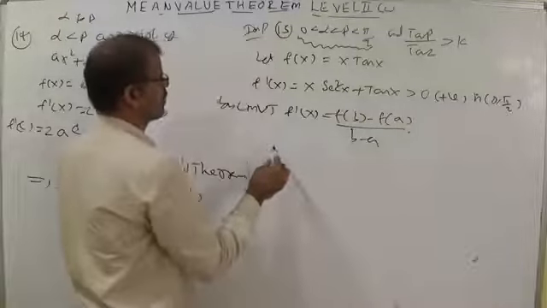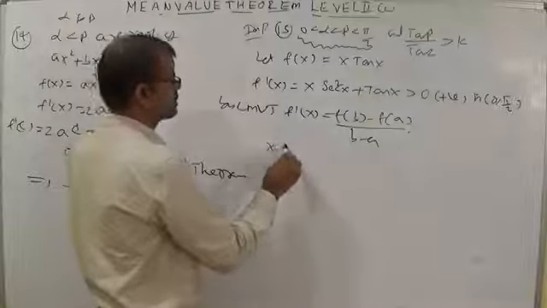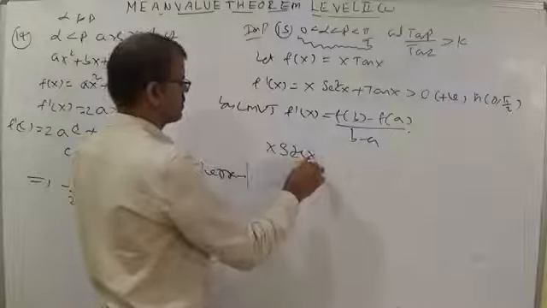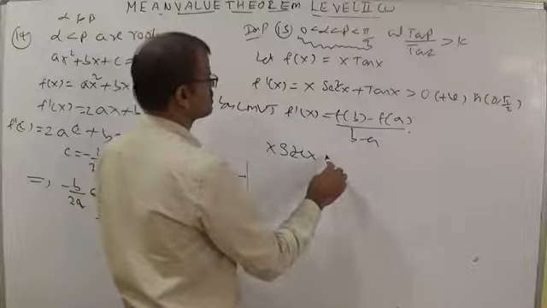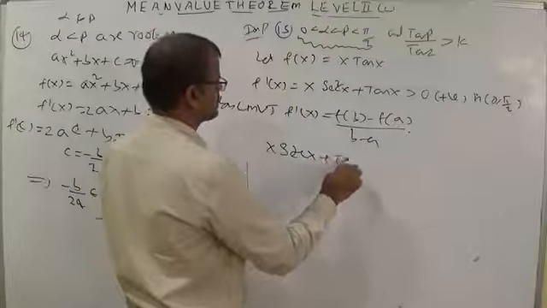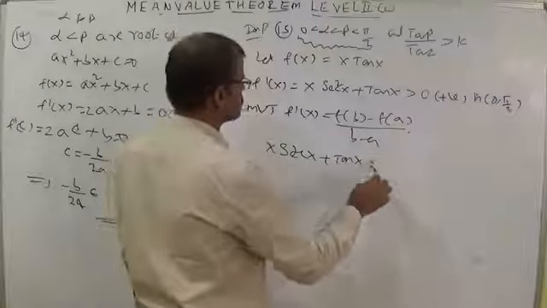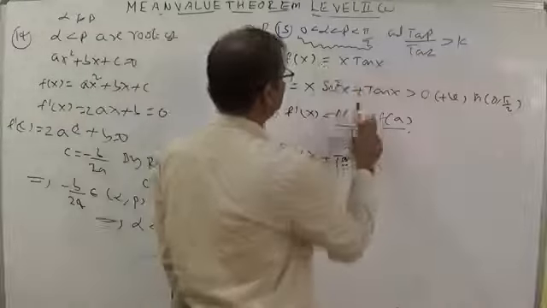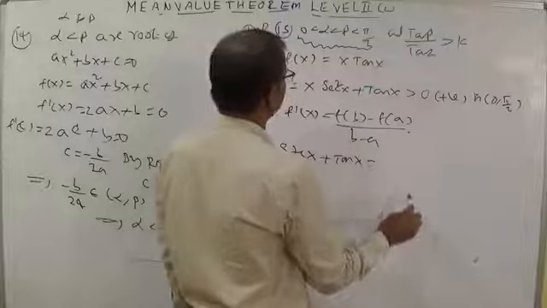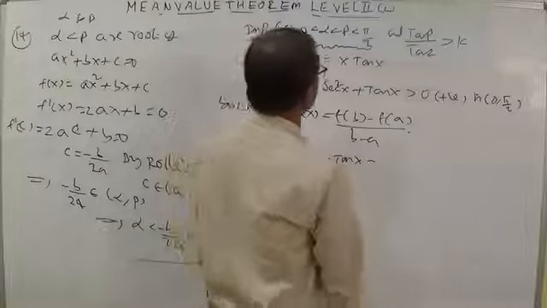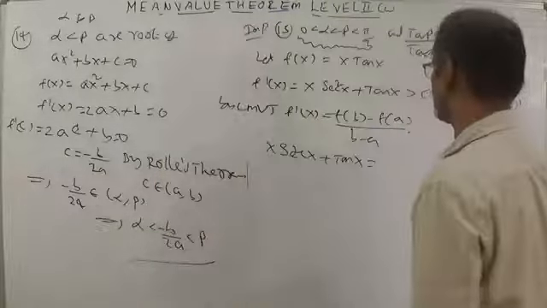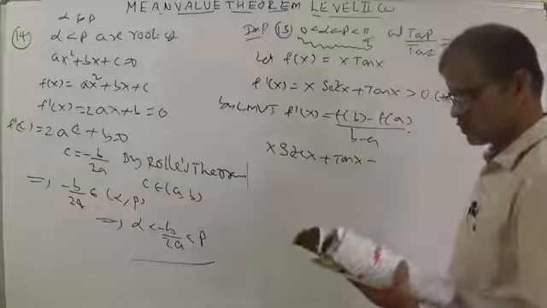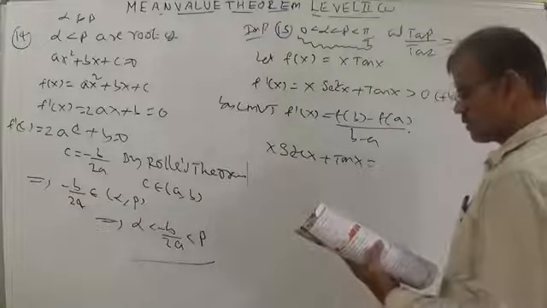So what is the value of f'(x)? x secant square x plus tan x is equal to f(b) minus f(a) by b minus a. Here you could substitute b = pi/2, but it becomes infinity minus 0, so we should not get like this.